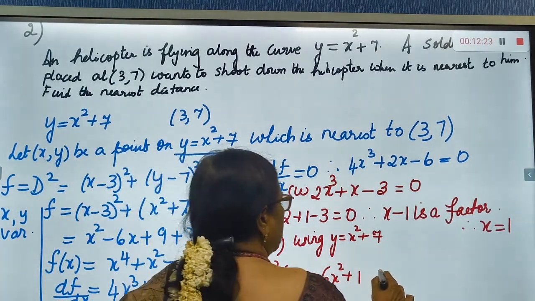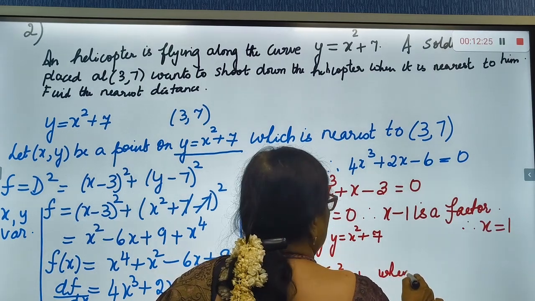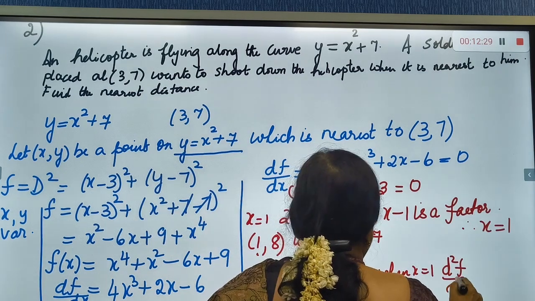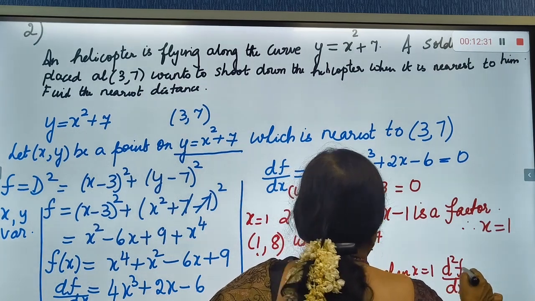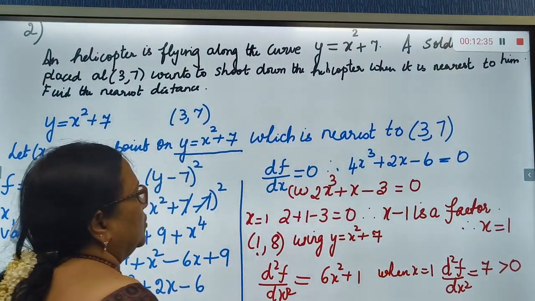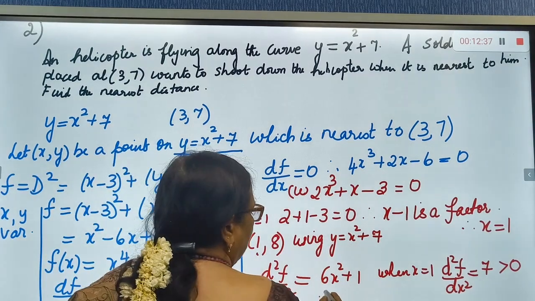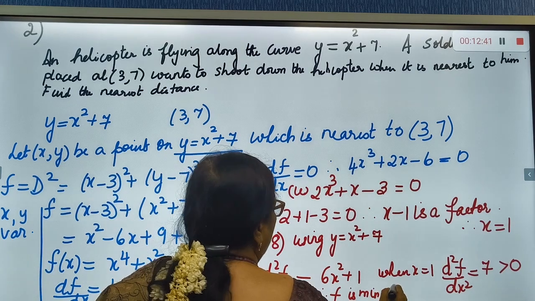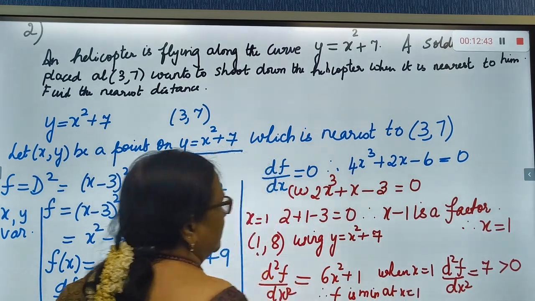When x is 1, d square f by dx square will be 14, which is greater than 0. Therefore, f is minimum at x equal to 1.